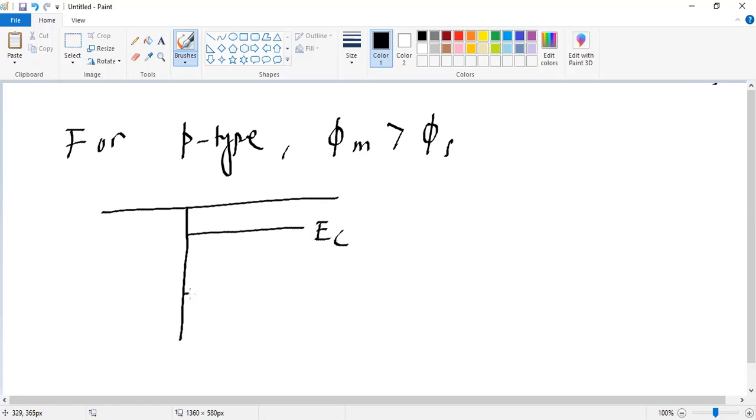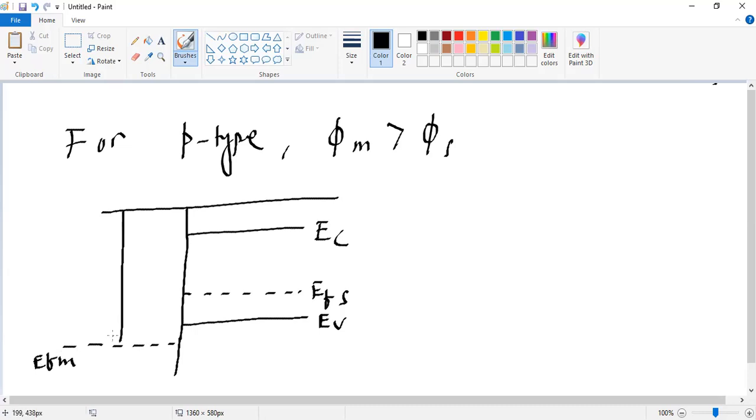The Fermi energy level now is closer to your valence band. So suppose this is your valence band, and the Fermi energy level of the metal we have considered is greater, somewhere here we can consider this EFM. So you can check the metal work function, E phi m, is greater than the semiconductor work function, which is E phi s.